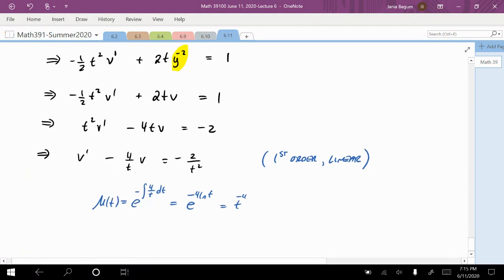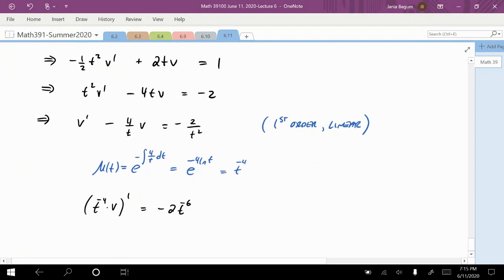Then the left side of our equation above will become the derivative of t to the negative 4 times v. And on the right side, we will have negative 2 t to the, if I simplify that, what do we get? t to the negative 6. So any questions?